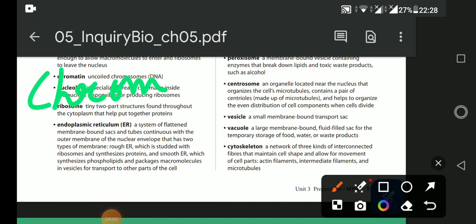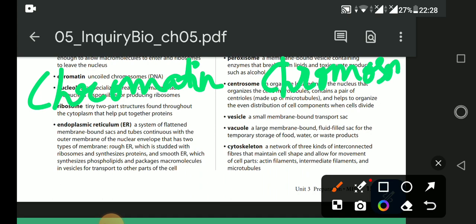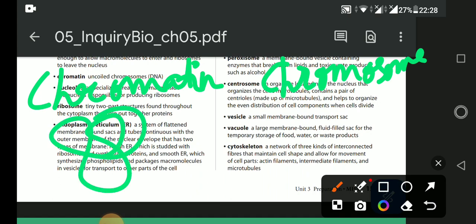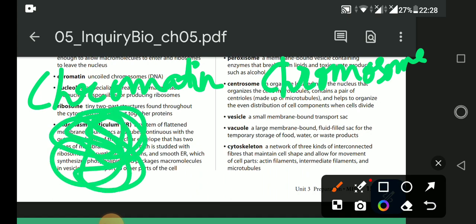Chromatin is actually the thin thread-like structure of DNA. Okay, thin thread-like structure of the DNA.